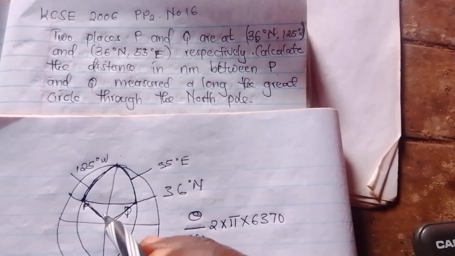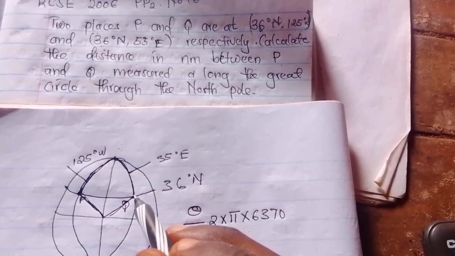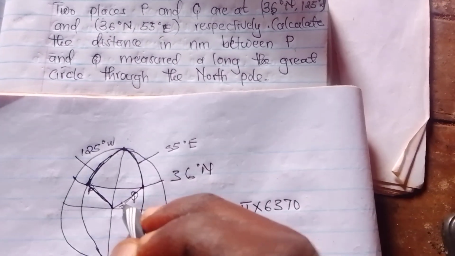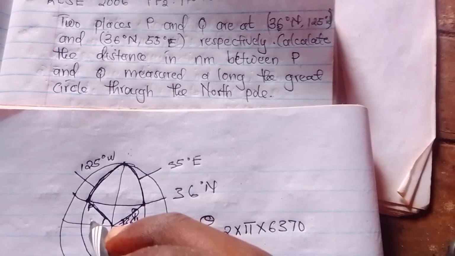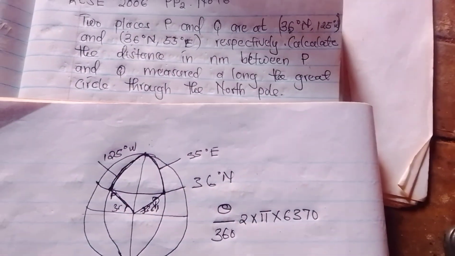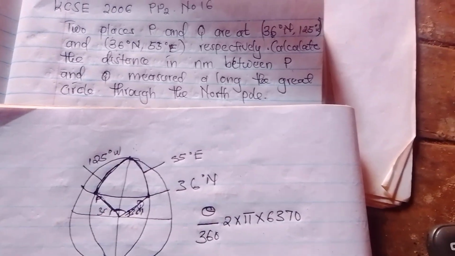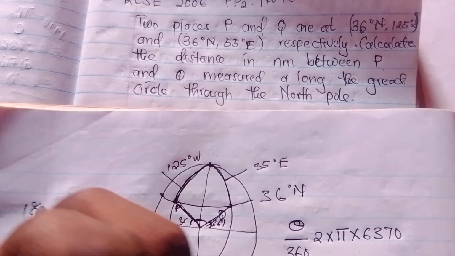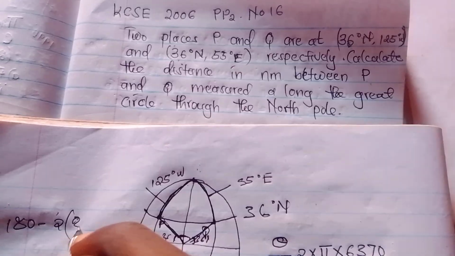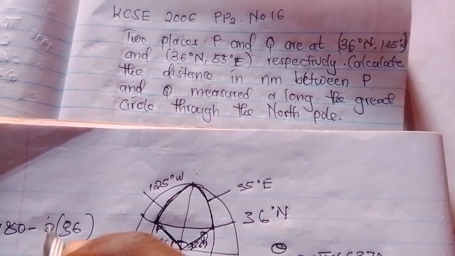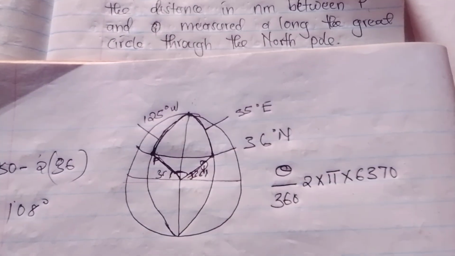Our theta, we are given here as 36. So if here is 36, then here also it must be 36 degrees, and here then 36 degrees. So we shall find this angle here, which we must take 180 minus 2 times 36, which will give us 108 degrees.